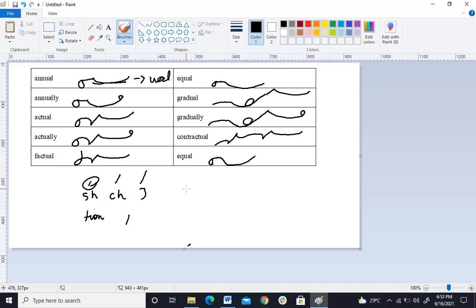Kung itong mga to ang sinusundan ng ating your, kailangan mong isulat yung UU. For example, yung pleasure. Itong sh dito is a downward stroke. So, we have P-L-E and then yung ating sh, and then yung ating your. Ganyan. So, you have to write the U. Another example is pressure.